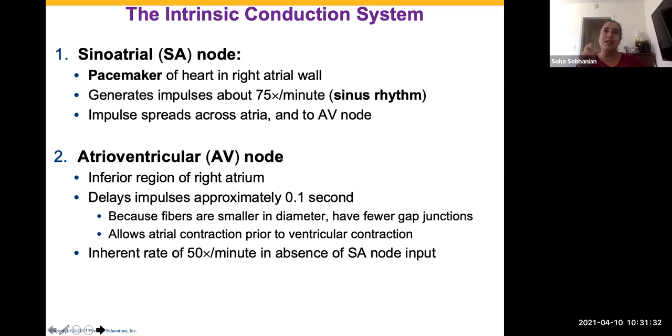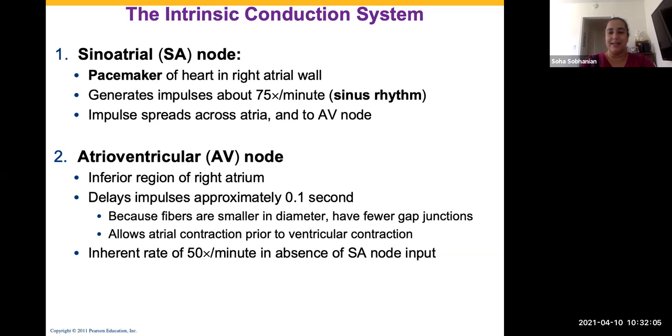So the question is, how does your heart create the electrical impulses that lead to its contracting? It does that using what we call the intrinsic conduction system.